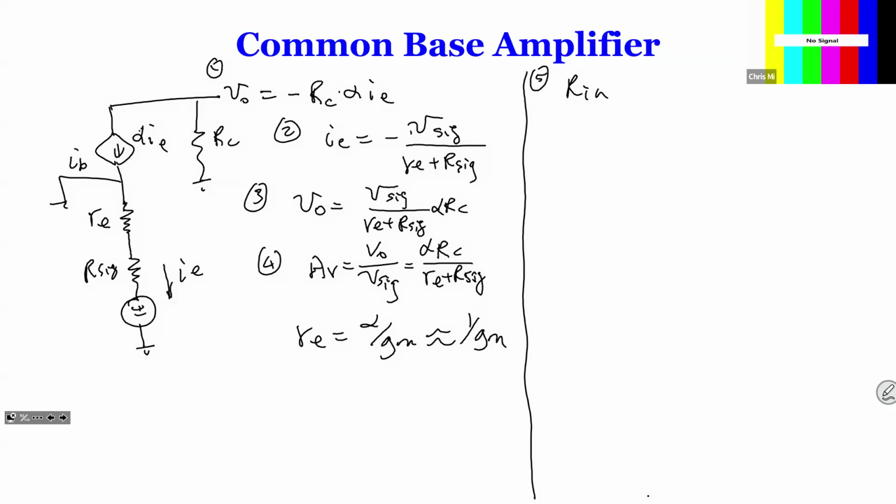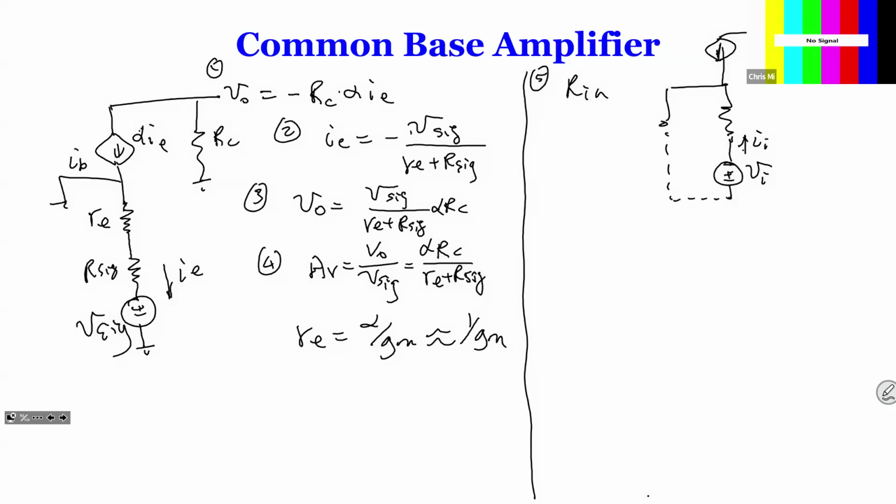To find our input resistance, remember what we did in the MOSFET: we're going to ground the whole VSIG and RSIG. So we have the circuit we're going to ground. Because now, once this is grounded, this forms an actual loop.